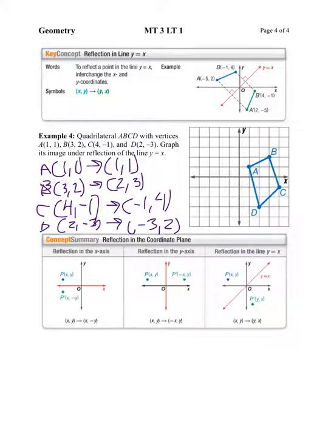So we don't change anything with A, and it's A prime. B prime is at (2, 3). C prime is at (-1, 4). Except I can't count. That was 3. That's why it looks so weird. Let me fix that right now.